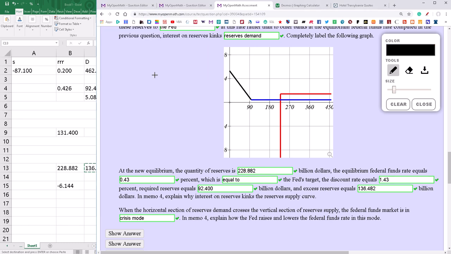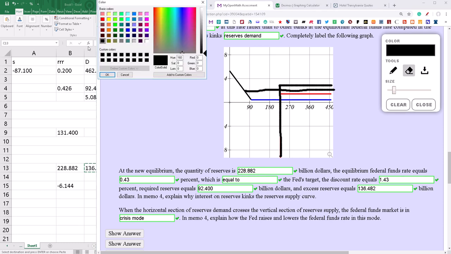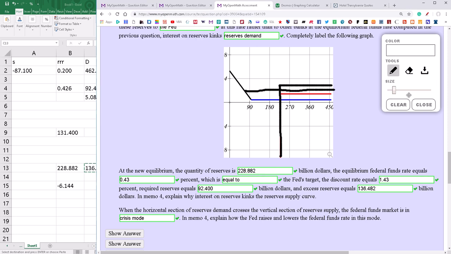If it wants to raise interest rates, all it does is it raises the discount rate up to here, and then it sets a new higher interest on reserves level, and then erases the old interest on reserves level, the old discount rate level, and that erases this part of the demand curve.